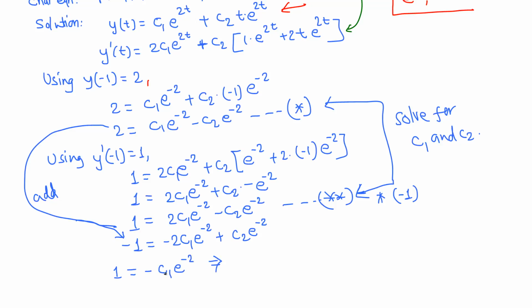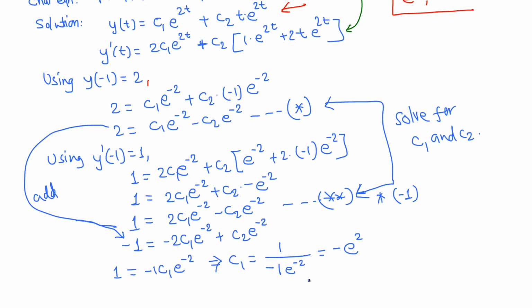That implies we divide both sides by -1 e to the -2. We get c1 equals 1 over -1 e to the -2, which is the same as negative in the front. Move this to the top to get rid of this negative exponent: e squared. So c1 is -e squared.